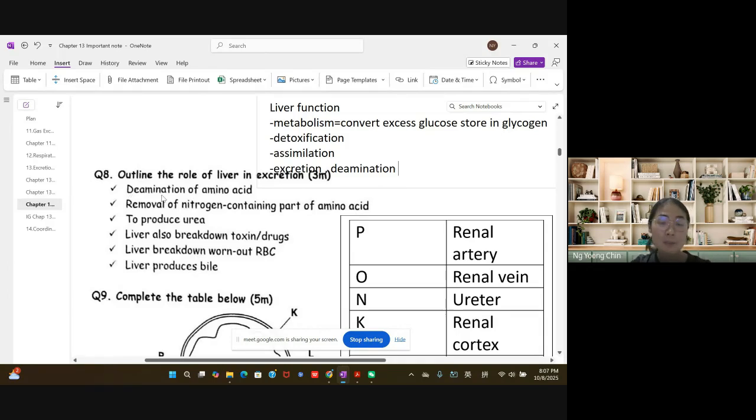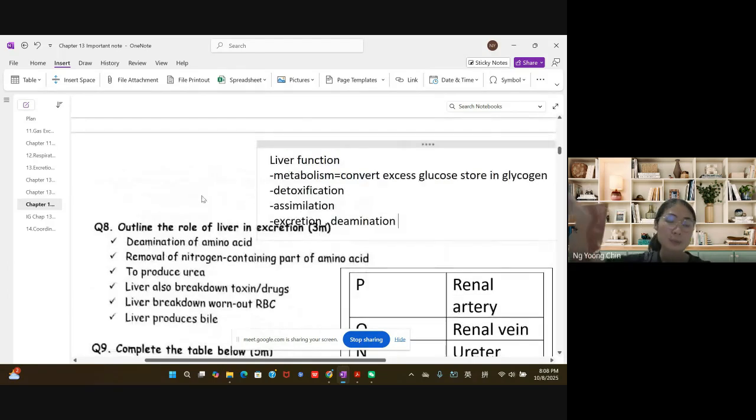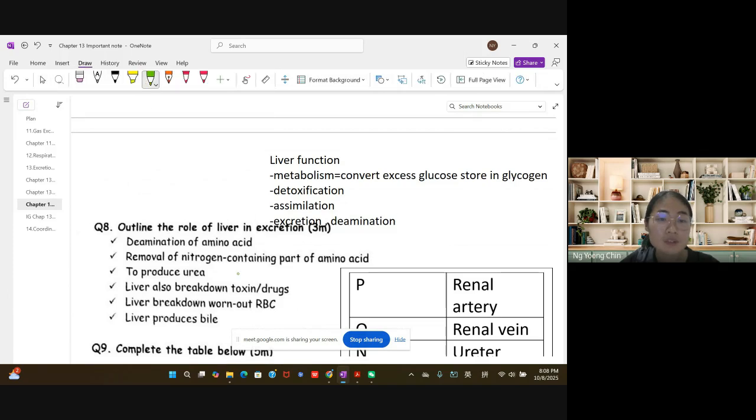In the deamination of amino acids, what they do is actually remove the nitrogen group away from the amino acids. Just imagine, do you still remember the structure of amino acids? An amino acid has a C, and then two functional groups.